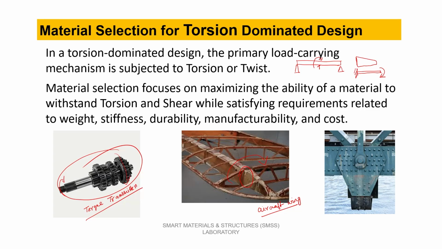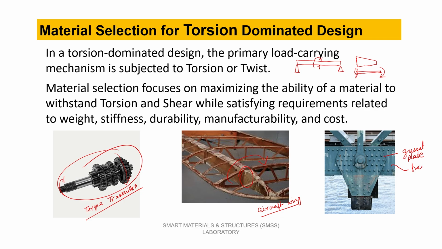There is another case also. You must have seen a lot of bridges or things like that, the factory sheds, where you get this type of thing like a gusset plate connecting the frames.